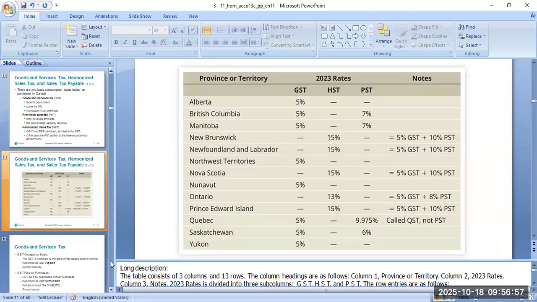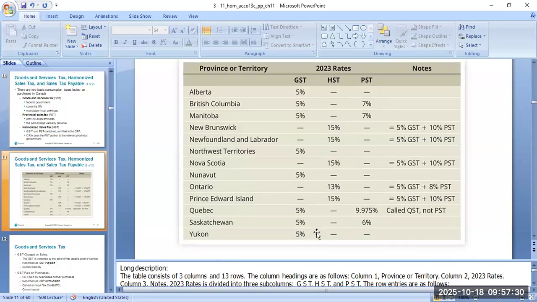Prince Edward Island at 15%. Quebec pays 5% GST, and provincial taxes are 9.975%, which is a Quebec sales tax, not provincial sales tax. Now, Quebec is, as you already know, they want to be a separate country, but they want to use everything in Canada. So that's why the terminology there is a little bit more specific to Quebec.